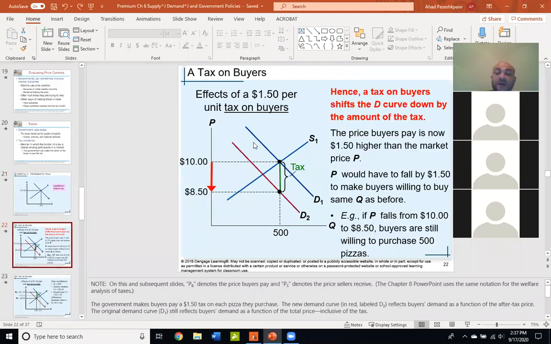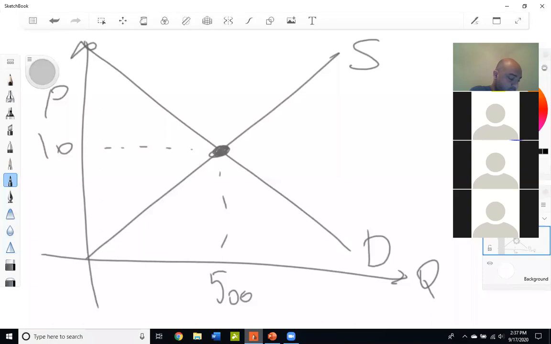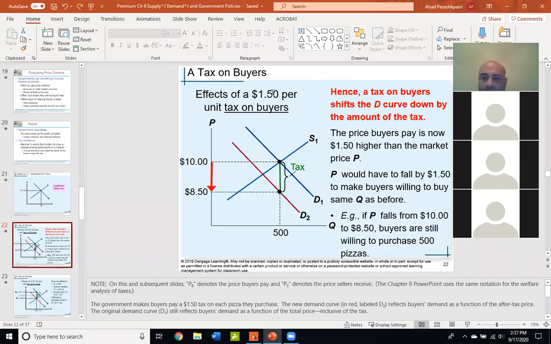Now, when there is a tax on buyers, let's say the government says now the buyers have to pay $1.50. It would shift the demand curve down by the amount of the tax.